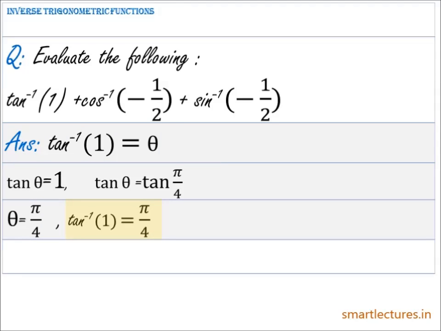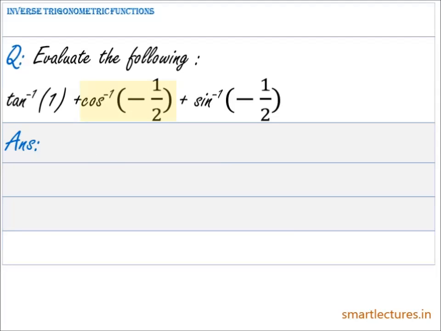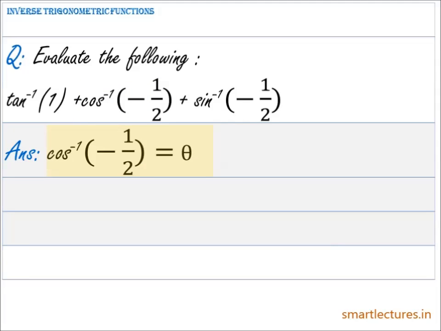And now let's find out the value of second term, which is cos inverse minus half. Now let cos inverse minus half be equal to theta, where theta is the angle which lies in the interval 0 to pi.